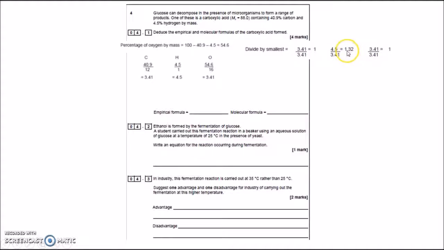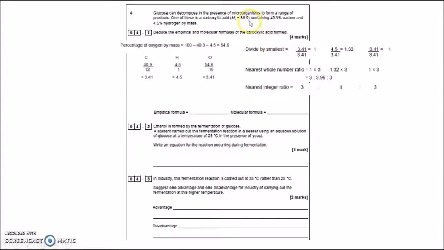That's nearly 1 1/3, 1.33. So if I multiply that by 3, it's going to become 4, more or less. That one by 3 becomes 3. So if I multiply each of them by 3, I'm going to end up with 3, 3.96, let's call it 4, it's an experiment after all, and 3. We can say 3, 4, 3.